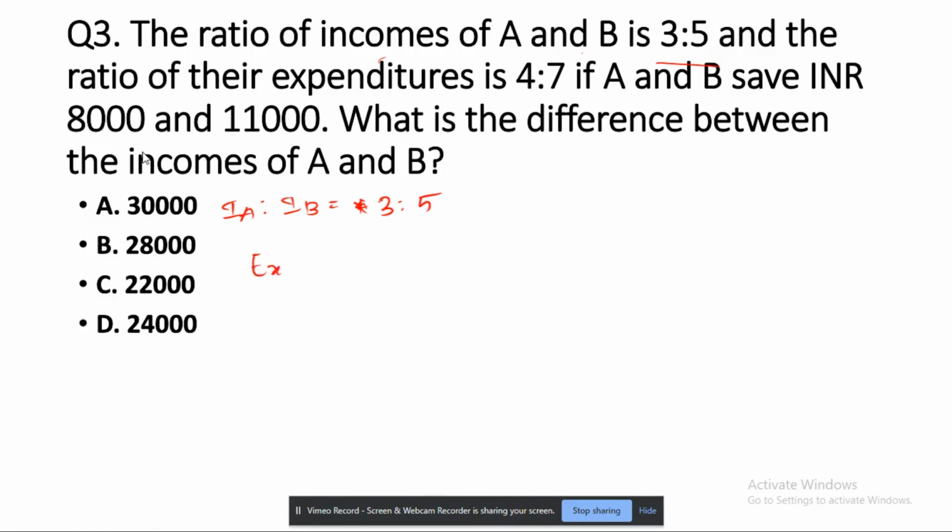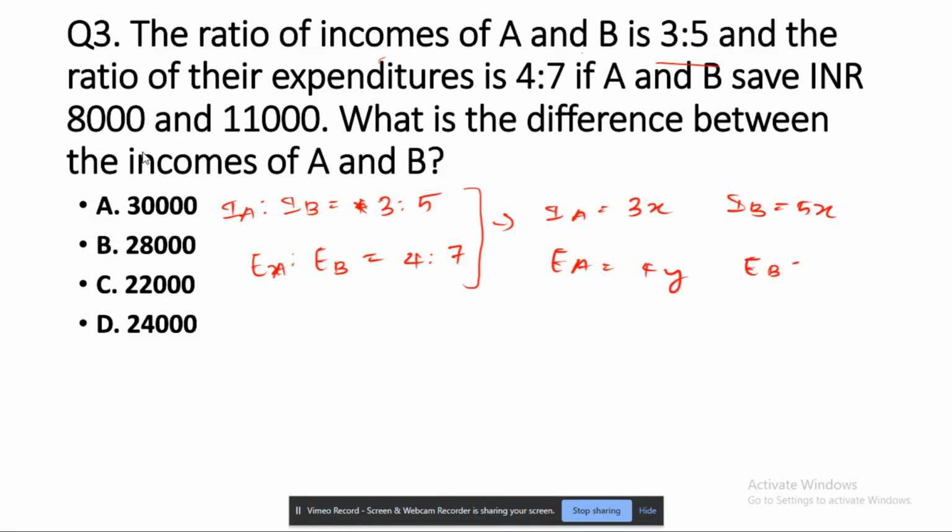We can write expenditure of A is to expenditure of B is equal to 4 is to 7. For converting to values, we can write it like income of A is equal to 3x, income of B is equal to 5x, and then expenditure of A is equal to 4y, expenditure of B is equal to 7y.